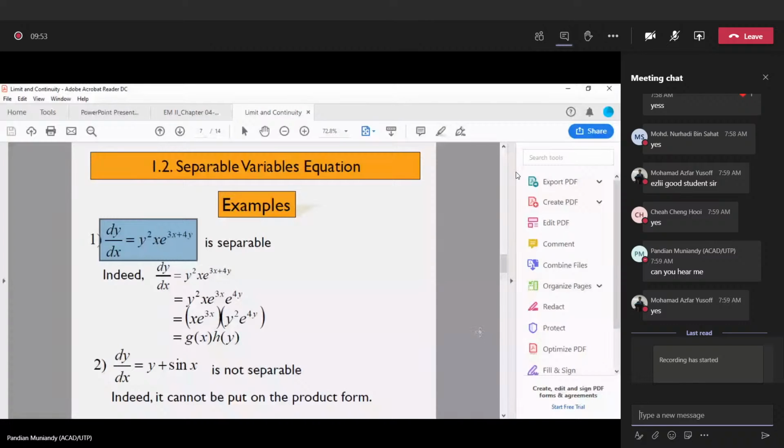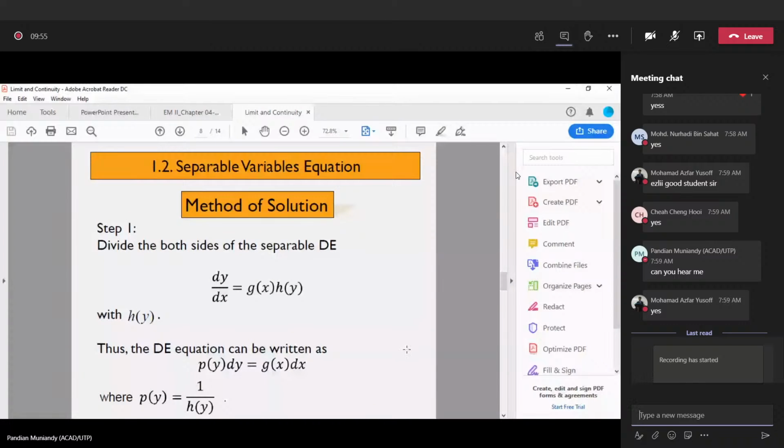Now, how do you separate? So dy/dx equals g(x) multiplied by h(y). So you must write the separable in this form: p(y) dy equals g(x) dx. So what is p(y)? p(y) is 1 over h(y). So this is the nice form.